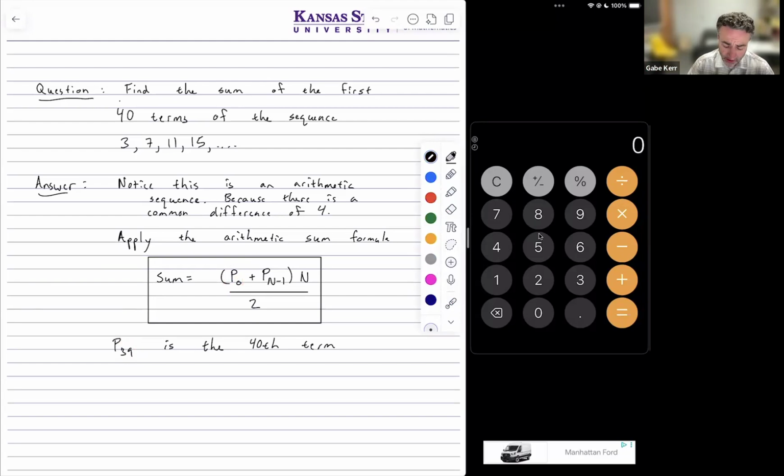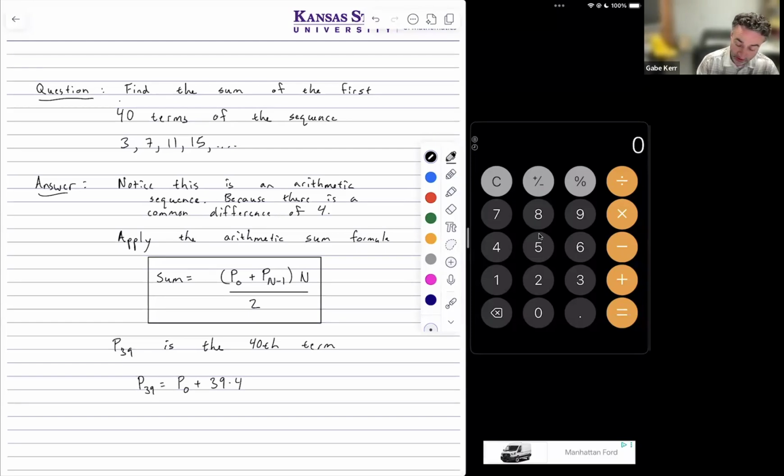But now, how do we find that term? Well, we can just use the formula for the arithmetic sequence. And so we notice that we found the common difference of 4. So P of 39 is equal to P sub 0 plus 39 times 4.